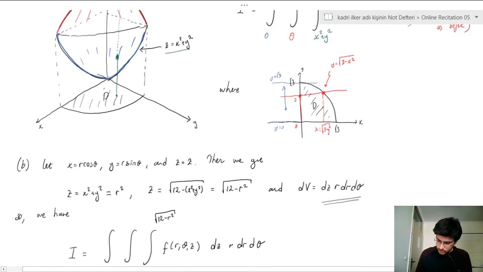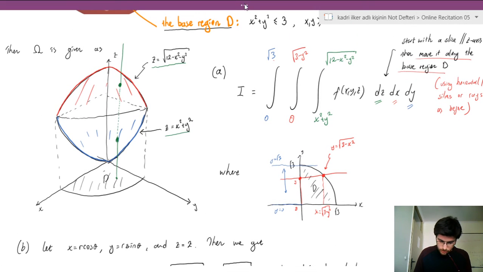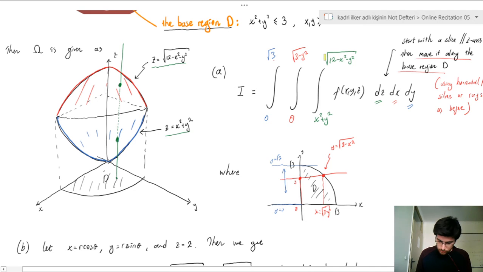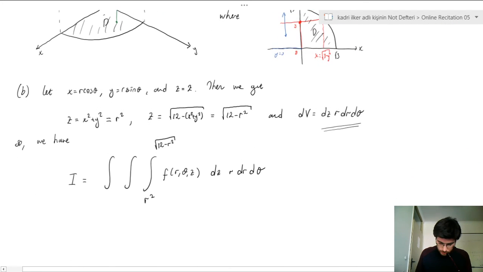We just replace those expressions over here. So this one and this one. Okay, everything is fine, but now the rest is about analyzing the base region.